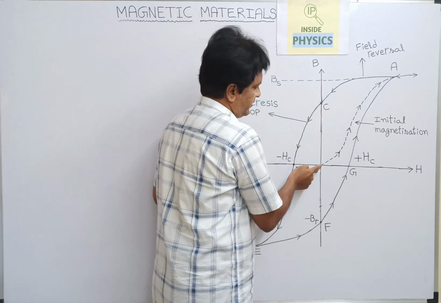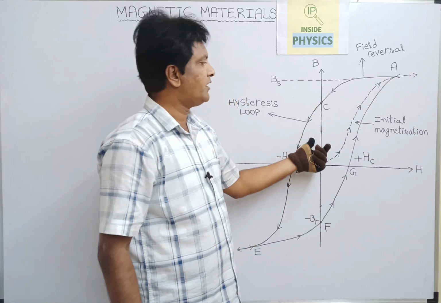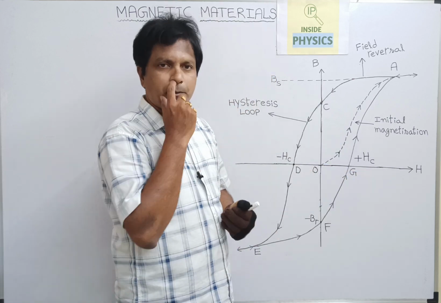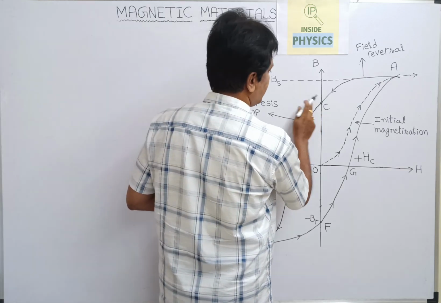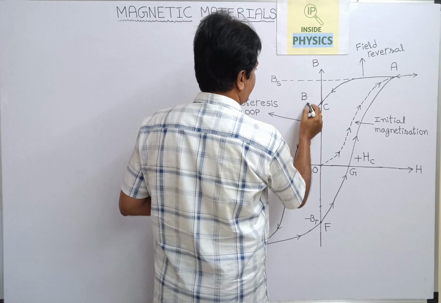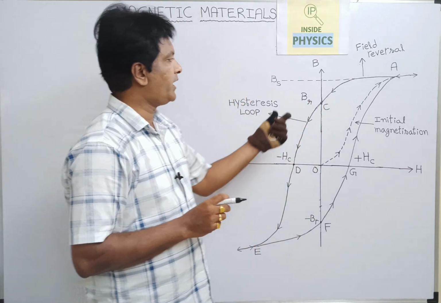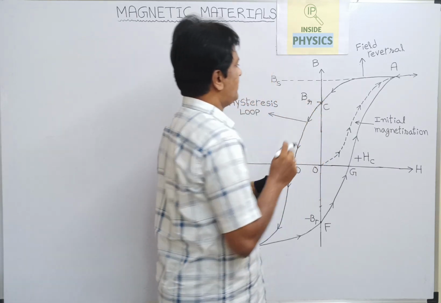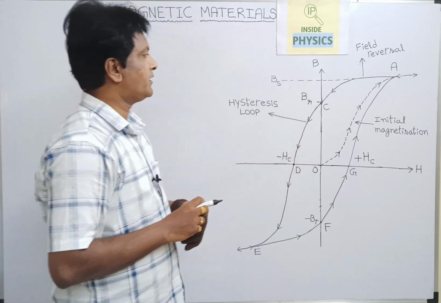This magnetic flux density, that is magnetization, remained inside the material even though the applied external magnetic field has been brought to zero. This is a limit called BR, the retentive magnetic induction, the retained magnetization, on the positive side of the applied magnetic field.